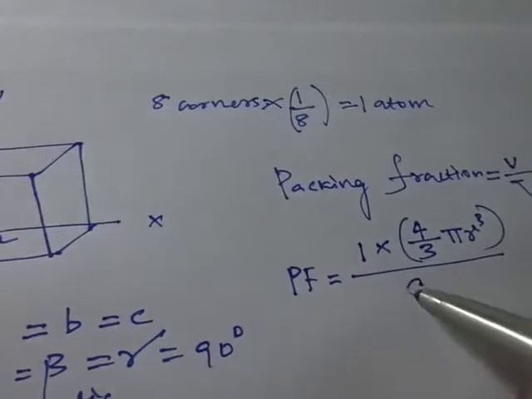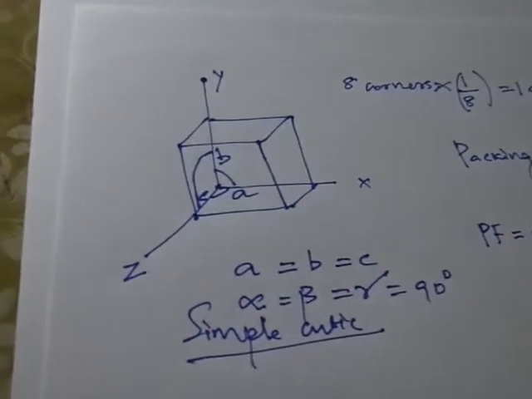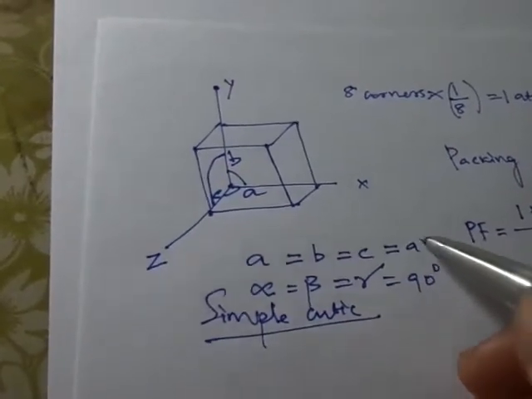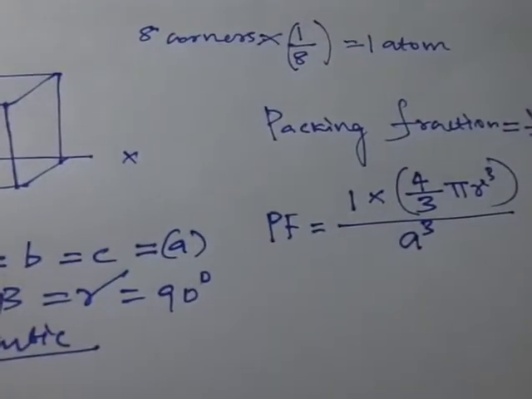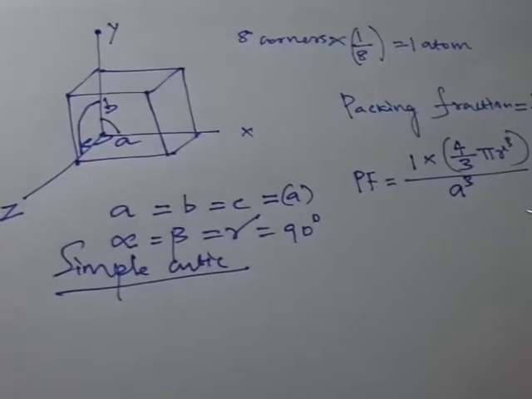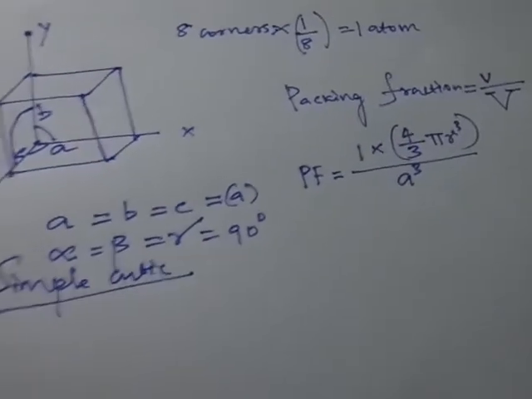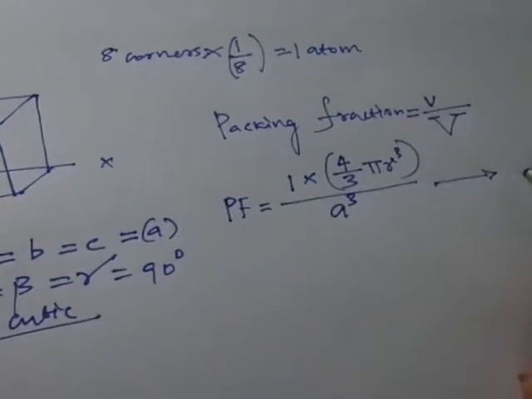Volume of the unit cell is A cube. We have seen now A, B, C, everything is equal, say which is equal to A. So volume of the unit cell is A cube. Now in this equation, we are about to put a substitution. So before that, let me mark this as equation number 1.